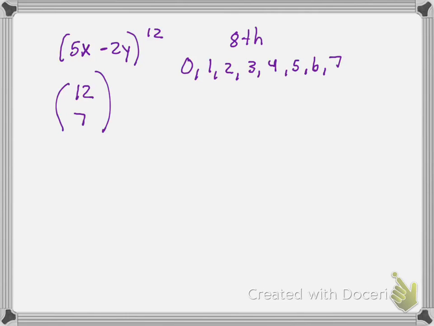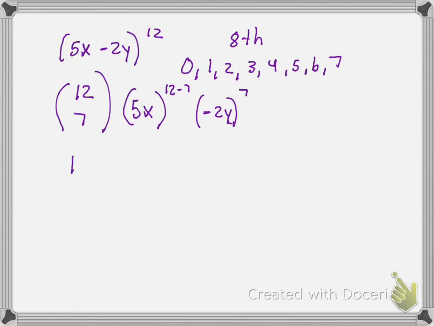So then we have 12, 7, and then remember we're just using our rules from earlier. So we have 5x, and then we do it to the 12 minus 7, times negative 2y to the 7th, because we still do the bottom term. So now we can see if it's negative or positive based on this negative 2y.